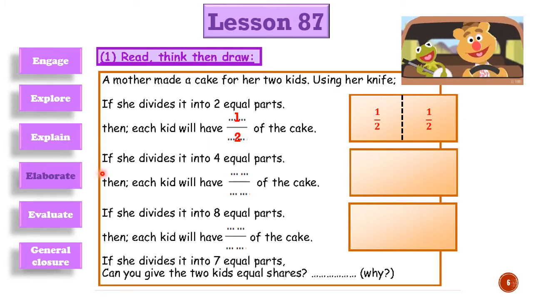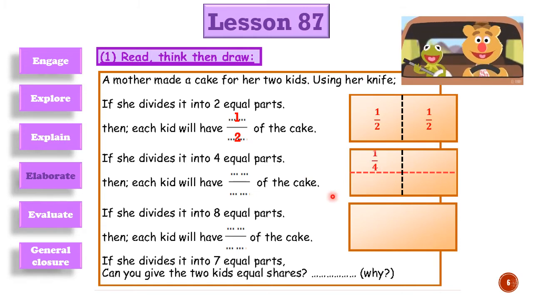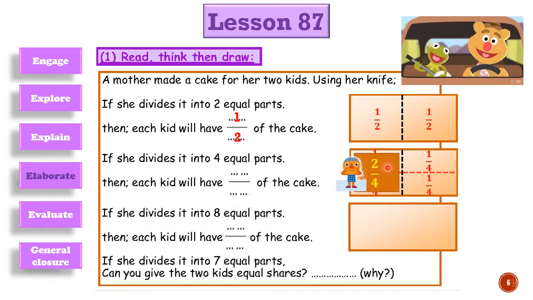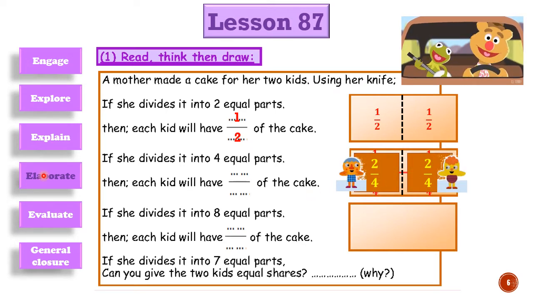Okay, next one, if she uses her knife to divide this cake into 4 equal parts like this, then each part is called a fourth. Then each kid will have how many parts? Each kid will have 2 parts. It's called 2 fourths.